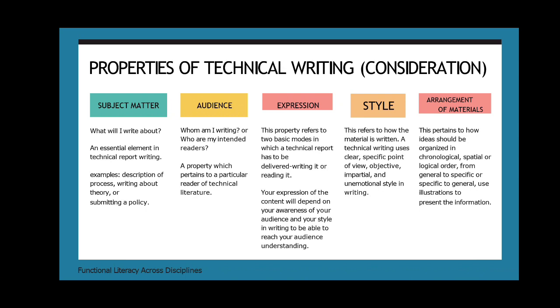Arrangement of materials or elements. Now, I can't stress this enough, as with technical writing, it is very objective, highly informative. You will need to arrange the information accordingly. So, for example, one of the cases would be when you're writing your research papers, especially with the background of the study or with the review of related literature.